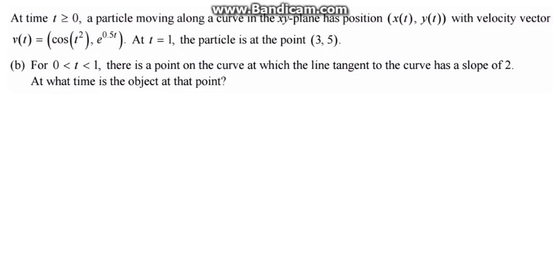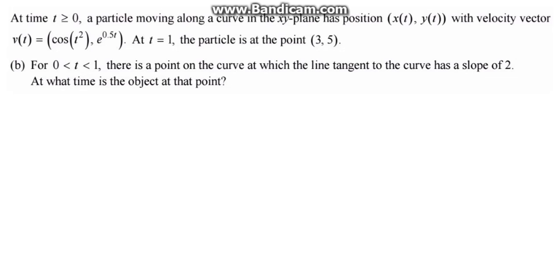Part B. For time t greater than 0 and less than 1, there is a point on the curve at which the line tangent to the curve has a slope of 2. At what time is the object at that point? To find the tangent line, we need the slope, which is dy/dx.